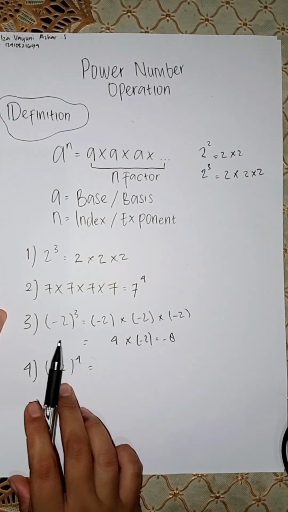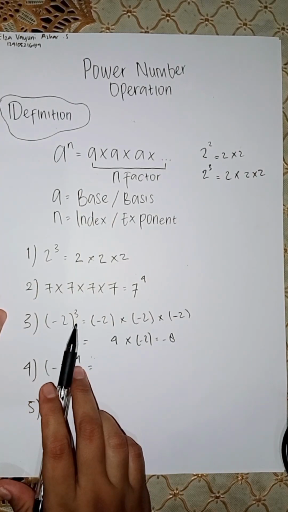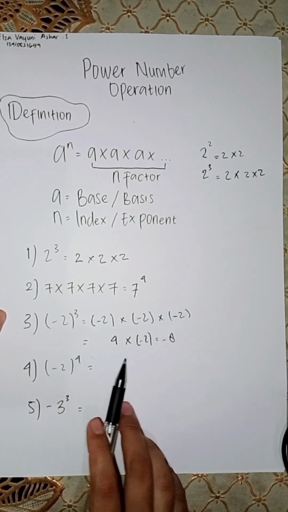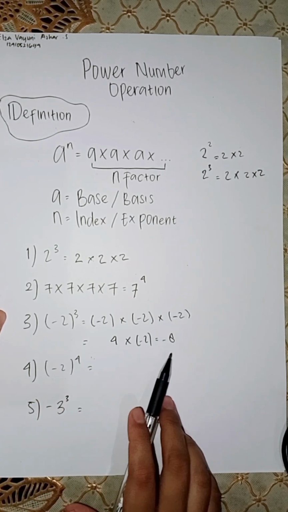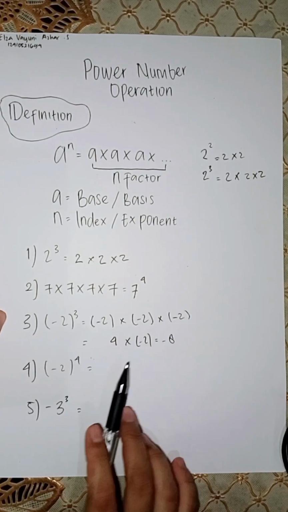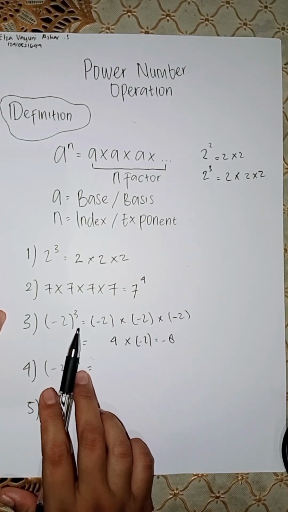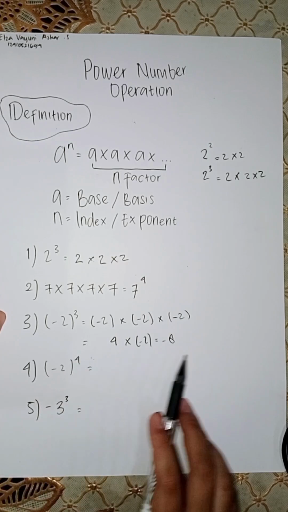If a negative number is raised to an odd power, it will produce a negative number. In this example, the exponent is 3, which is an odd number, then the result will be a negative number.